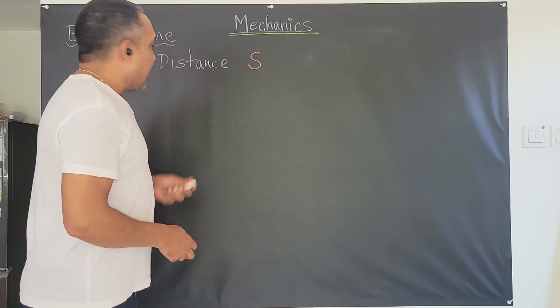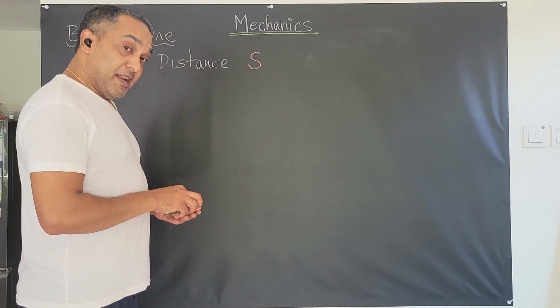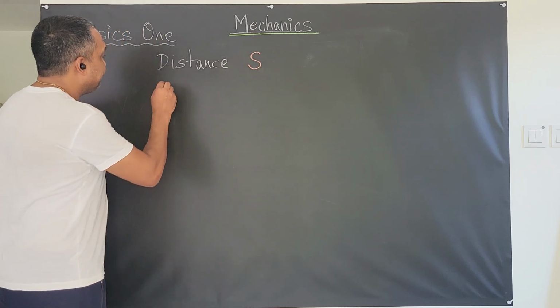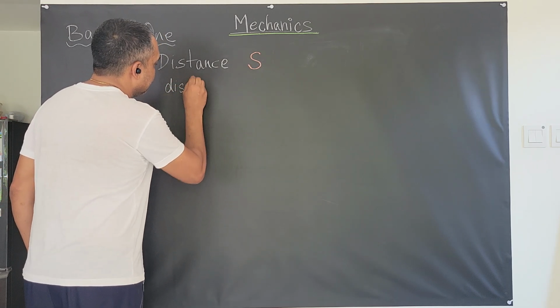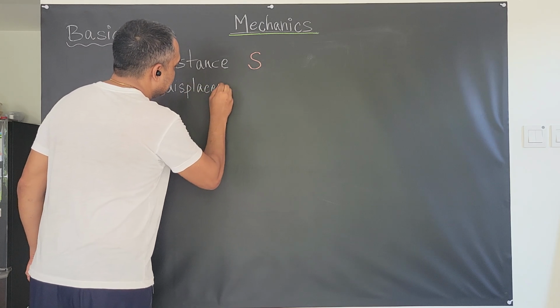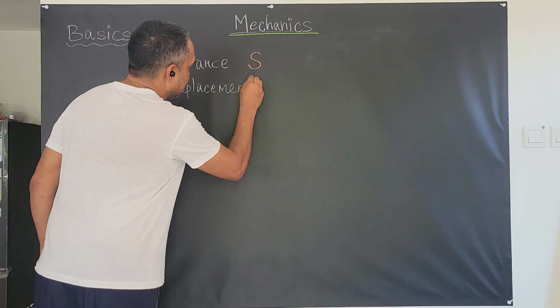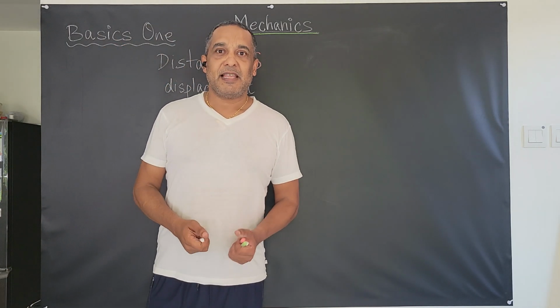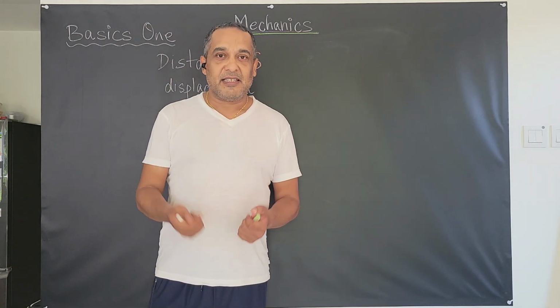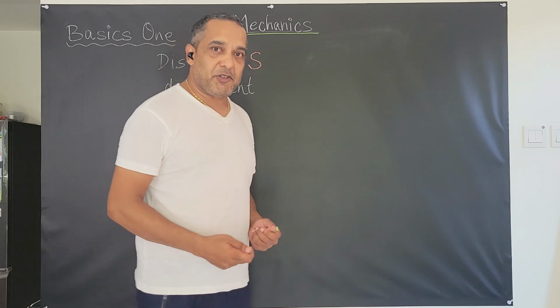So, S. I'm also going to introduce another term called displacement. You will find some textbooks and problems that use these words interchangeably, but let's go over what they actually mean.